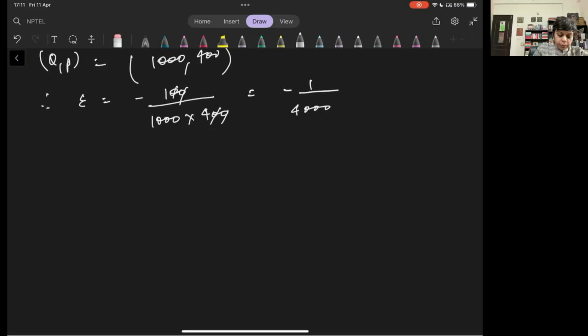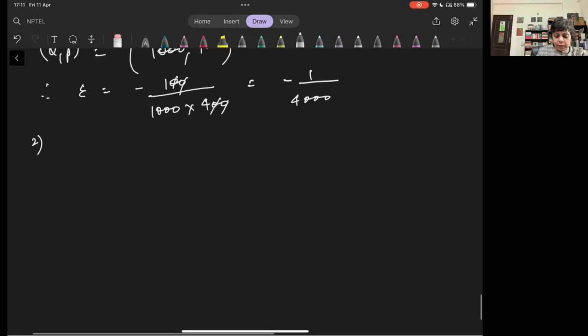The next part is asking us, what is the cross price elasticity of demand of textbooks with respect to digital books at Q comma PD equal to 1000 comma 50. So first let's calculate the expression for cross price elasticity. Let's call this epsilon d, and we do a similar thing.